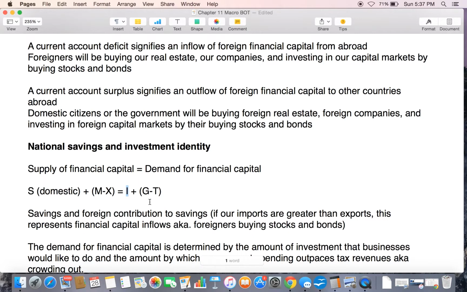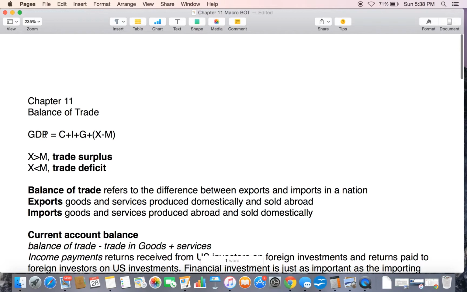So building factories, investing in human capital, investing in R&D, investing in domestic real estate, even if it's residential versus commercial. That demand for financial capital is part of our expenditures model of GDP. So GDP being consumption plus investment plus government spending and net exports.